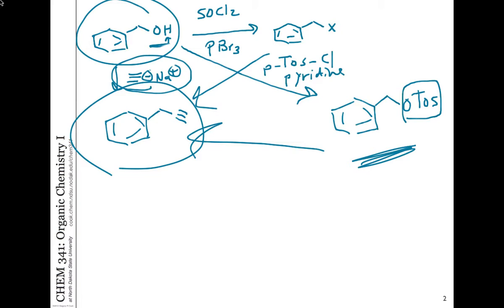Now, I've just chosen a primary alcohol, but if that alcohol is on a stereocenter, then there are stereochemical consequences, right? Because the stereochemistry is affected by the substitution reaction.